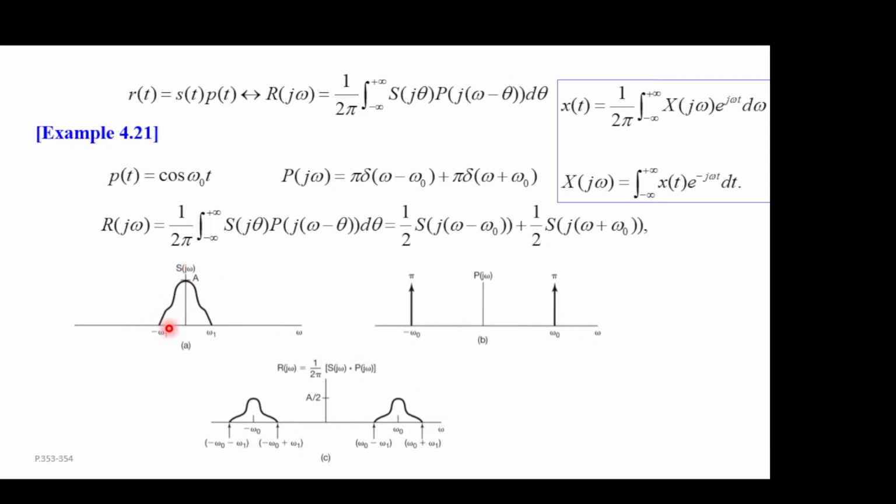Because convolving a signal with a delta function just gives you a shift, and since it's in the frequency domain, it's a frequency shift. So this signal convolved with this peak here will shift your signal to this high frequency. And your signal convolved with this negative omega naught peak will shift to this low frequency.